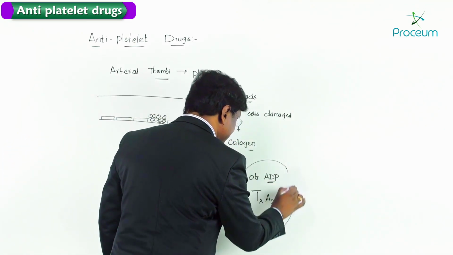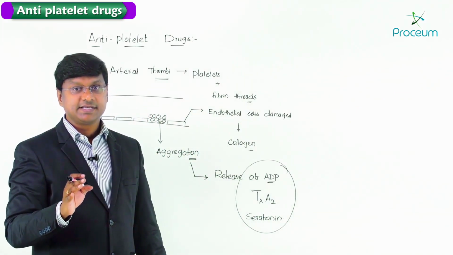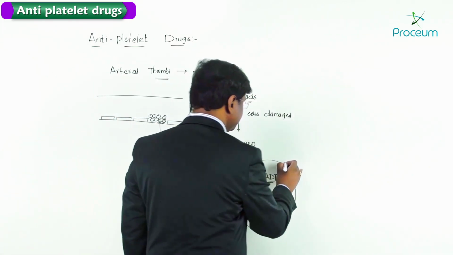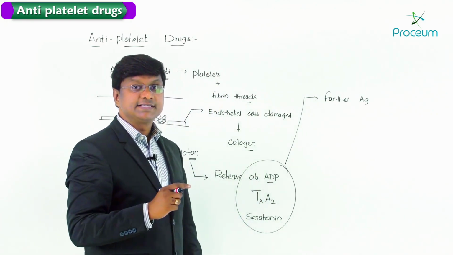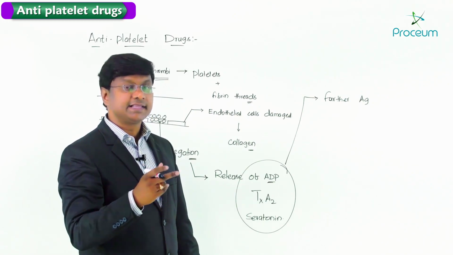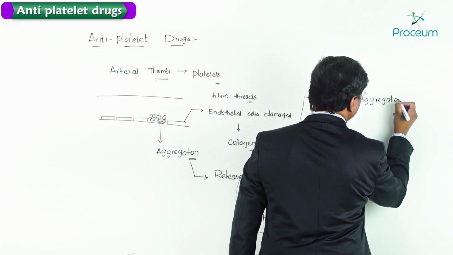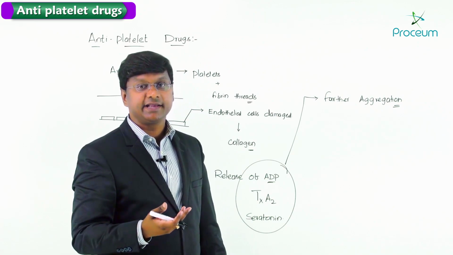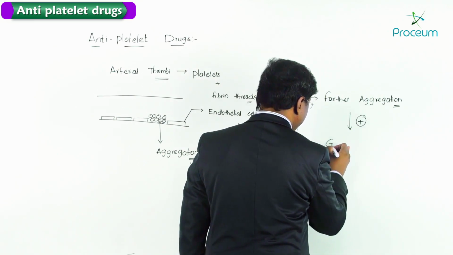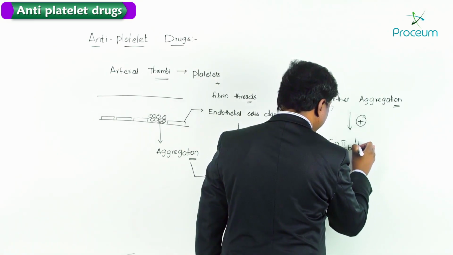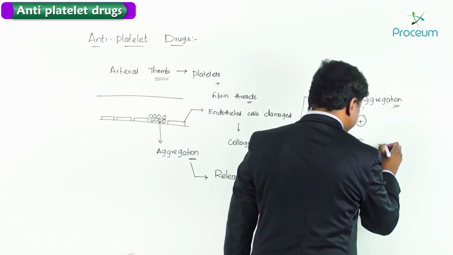So, these substances, that is ADP, thromboxane A2 and serotonin, promote further aggregation by activation of glycoprotein 2b3A receptors on the platelet surface.